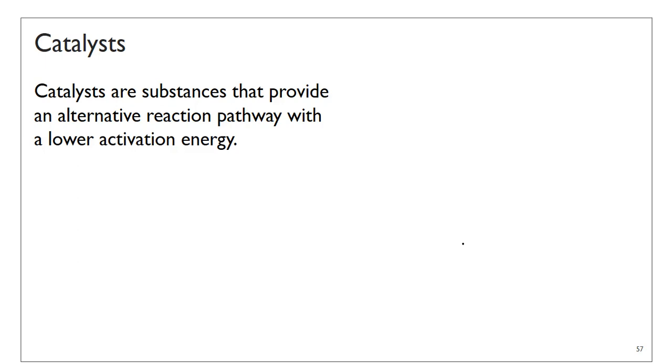So we're going to end this chapter on catalysts and a discussion on how a catalyst can increase the reaction rate. Not in a lot of detail. This is a definition of catalysts. Catalysts are substances that provide an alternative reaction pathway with a lower activation energy.